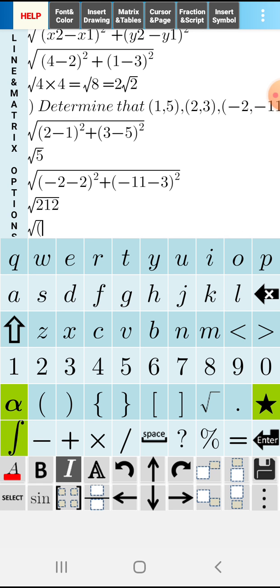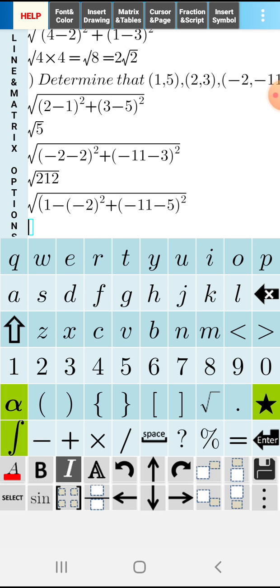Here x1 is minus 2 and x2 is 1, so 1 minus (minus 2) whole square, plus (5 minus minus 11) whole square.